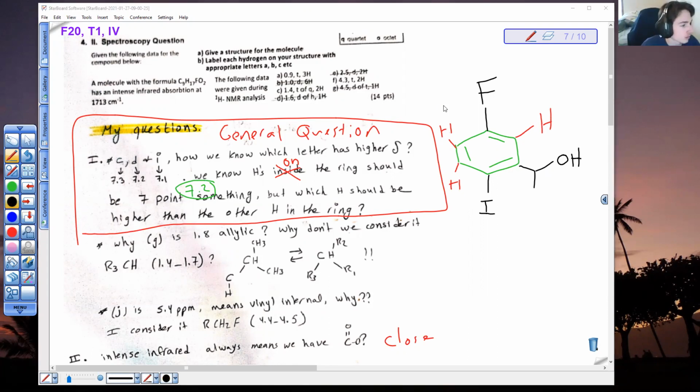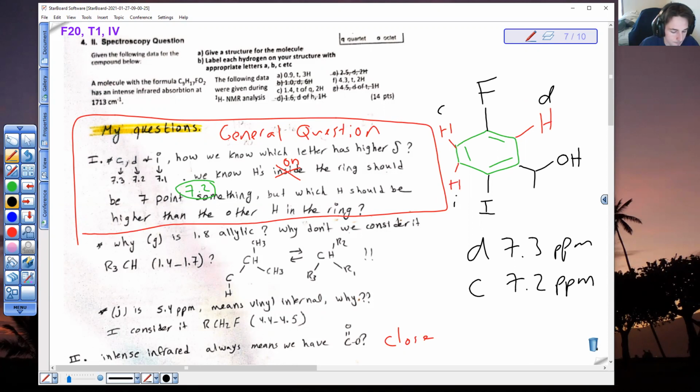It wasn't the example that she was talking about. I would pick D to be the highest, because it's close to an inductive atom. And C would be a little lower. If you reverse the order on C and D, I wouldn't deduct any points.